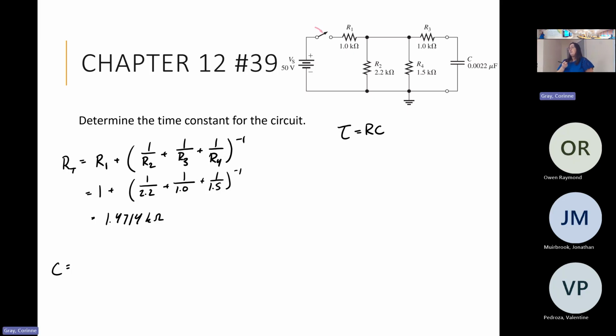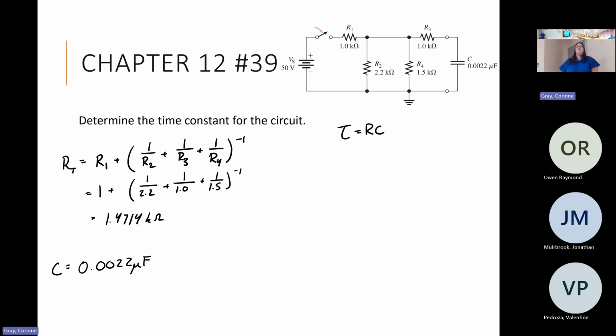Yeah, 10 to the positive 3. What about micro? What is the mu symbol? 10 to the negative 6. They don't match. So if I leave it alone, it will come out in milliseconds.